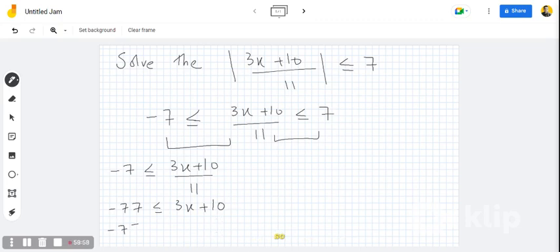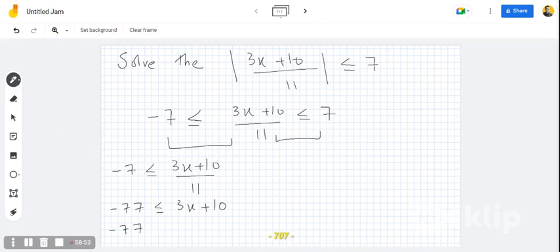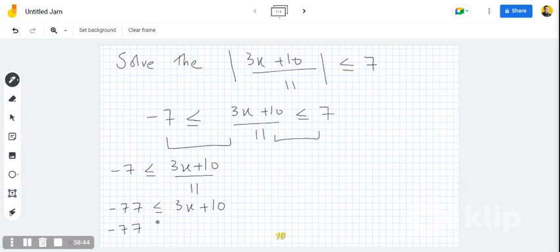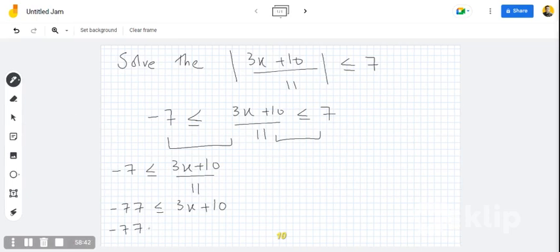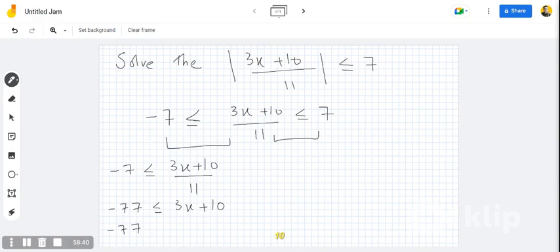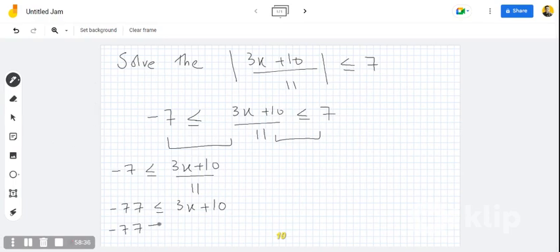So minus 77 minus 10 less than or equal to 3x.